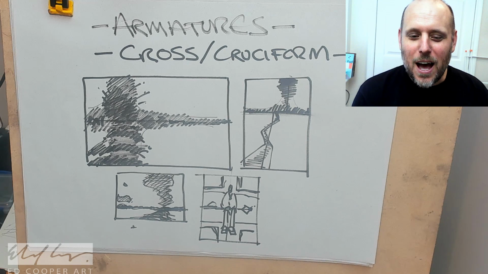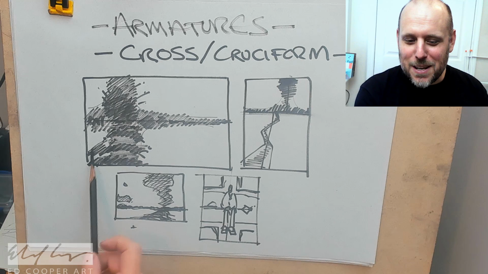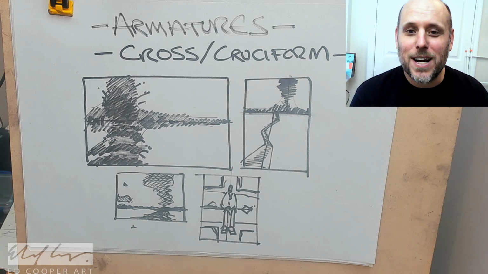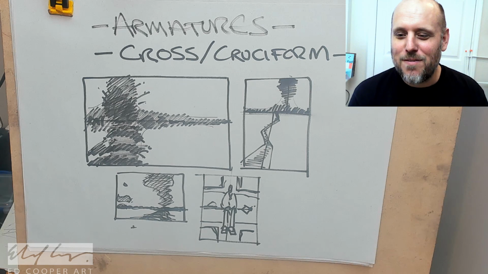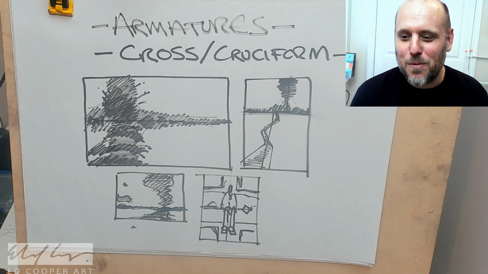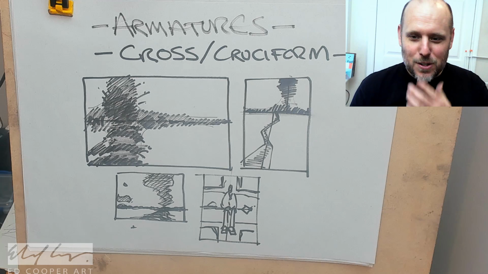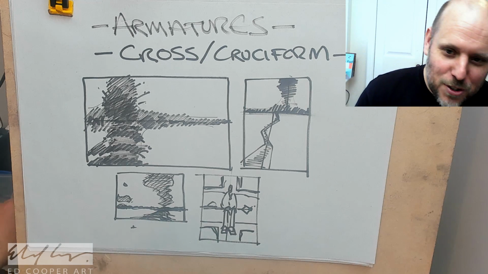Okay. And some of these very simple devices, these armatures, can really help us with that. If we know what to look for, then we can find designs, even with something as simple as a tree in a field or a path in a field. Okay, so that's the cross armature.